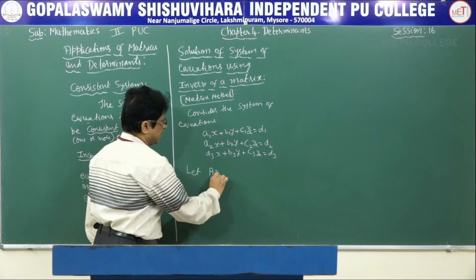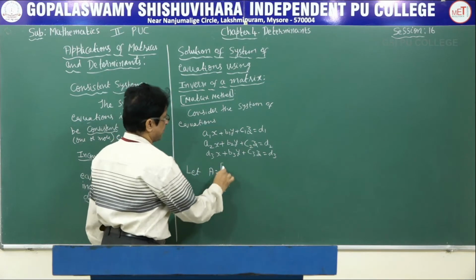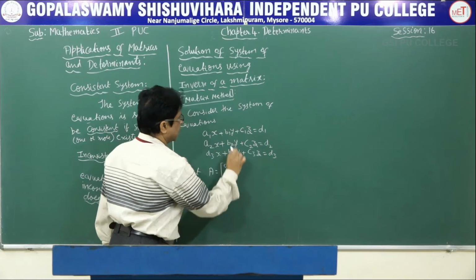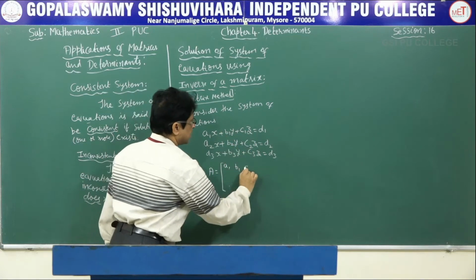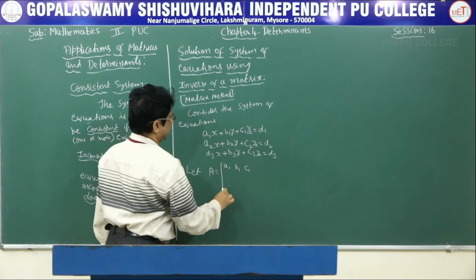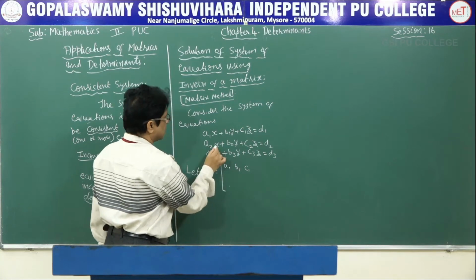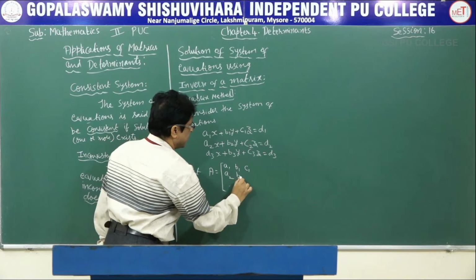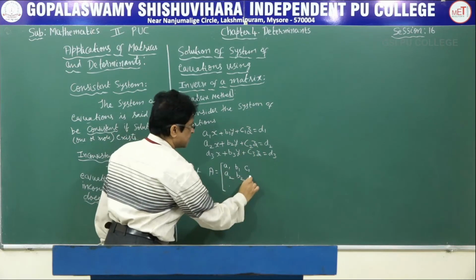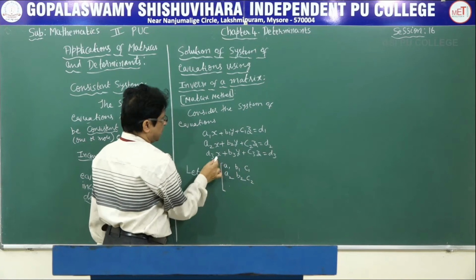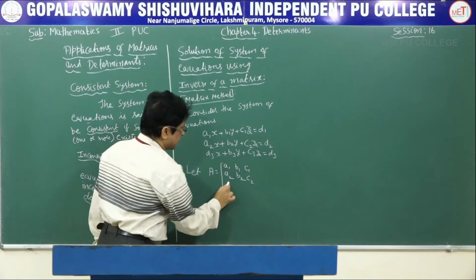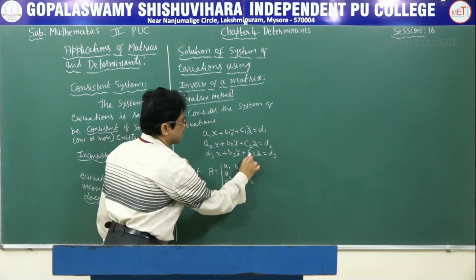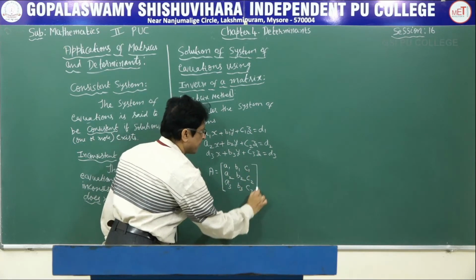Let A equals a1, that is coefficient of x, b1 coefficient of y, c1 coefficient of z. Similarly, in the next row, coefficient of x is a2, coefficient of y is b2, coefficient of z is c2. In the next row, coefficient of x is a3, coefficient of y is b3 and coefficient of z is c3.